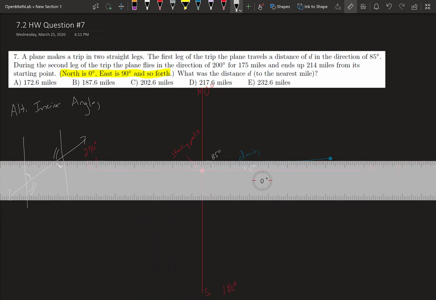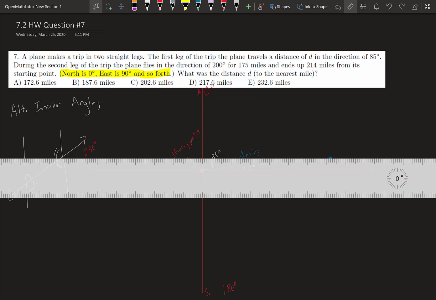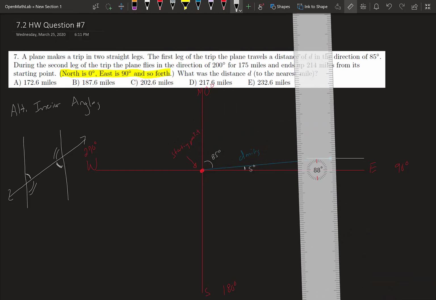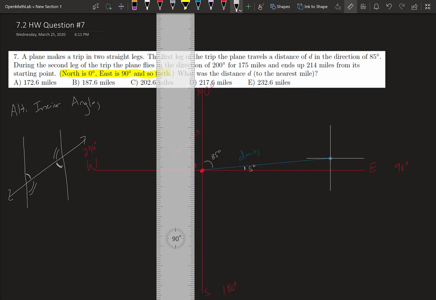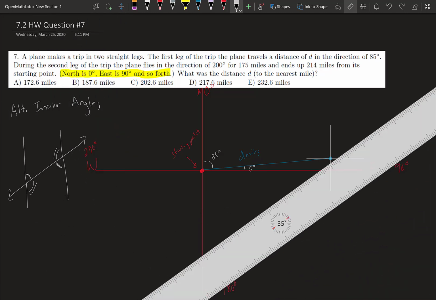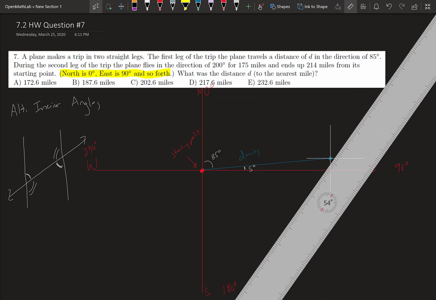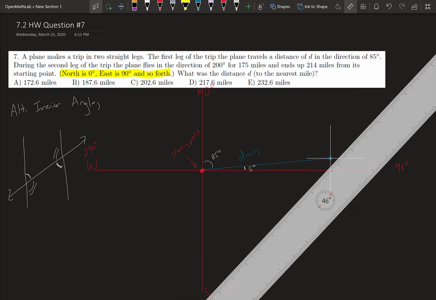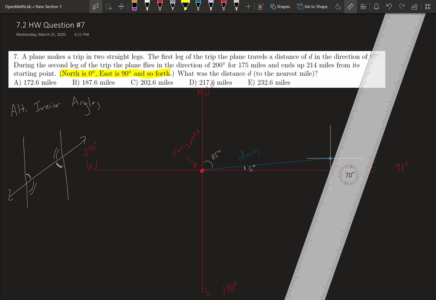So let me draw in another set of axes here for this point. If we're going 200 degrees, we would want this to be at 70.